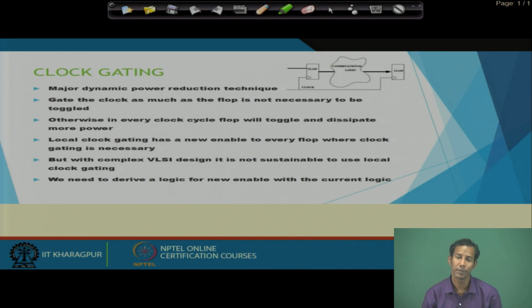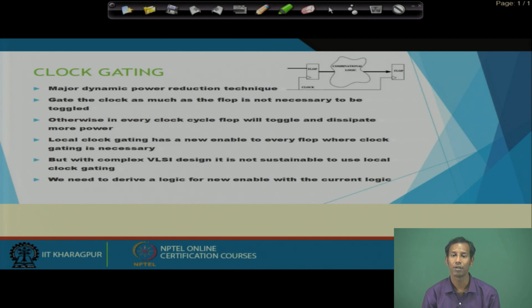One of the major techniques to reduce this power consumption is clock gating. The clock tree is the major contribution to overall switching power. So if we can kill the switching, that is, all the time, even though the circuit is in idle mode, I am still supplying the power, which is unnecessarily consuming power.